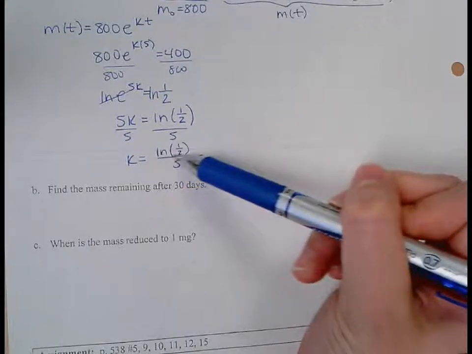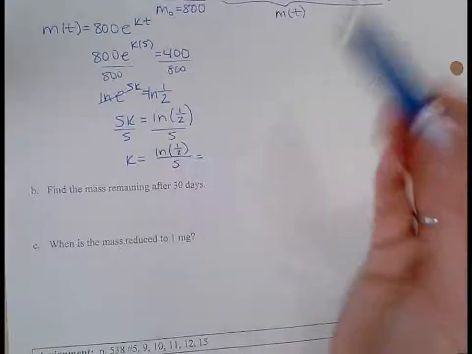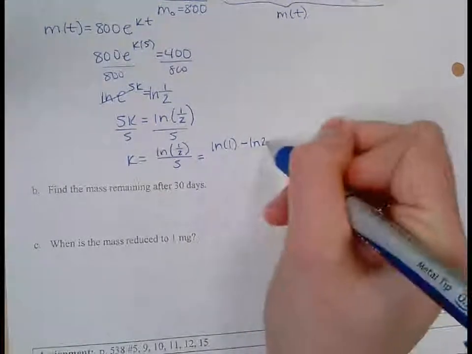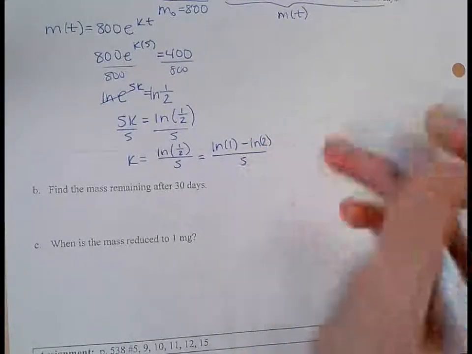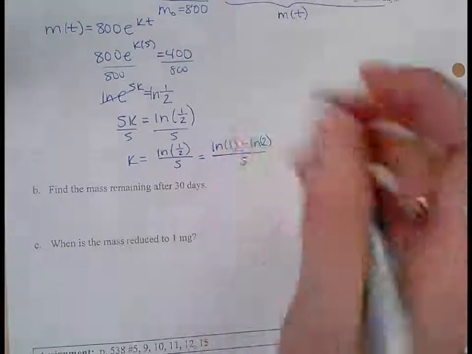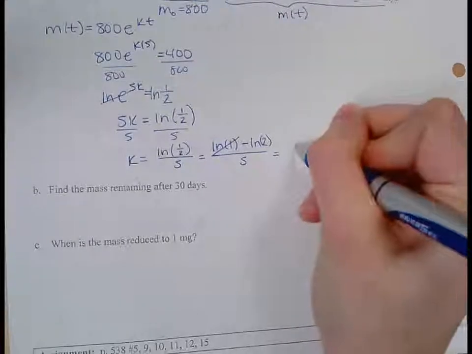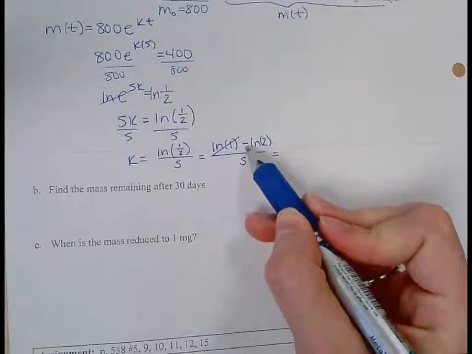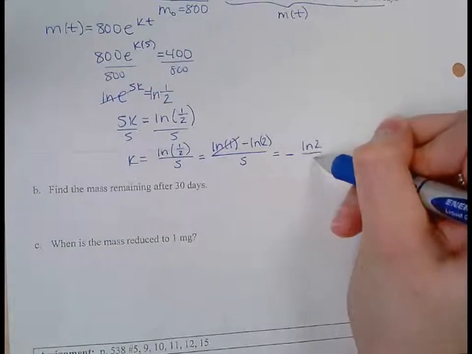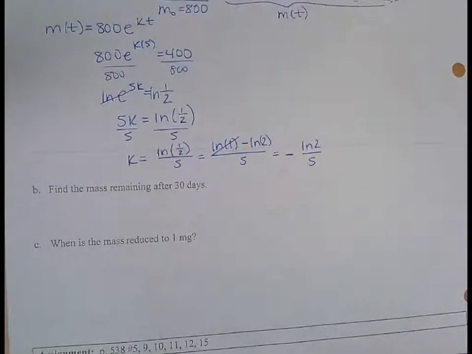Yes, natural log of 1 minus natural log of 2. Why would you do that? What is the natural log of 1? 0. So this is showing that k is negative. K is negative natural log of 2 divided by 5.